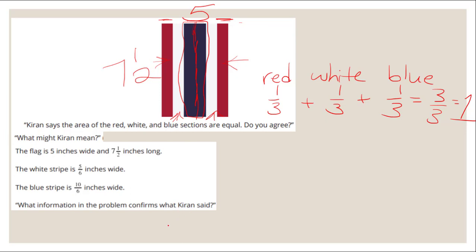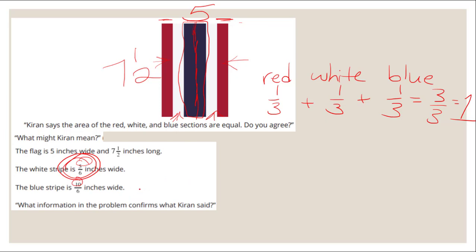Well, the blue stripe is twice as wide as the white stripe. So if I double my white stripe, 5 doubled would be my 10. So that would be double the size of my white stripe.